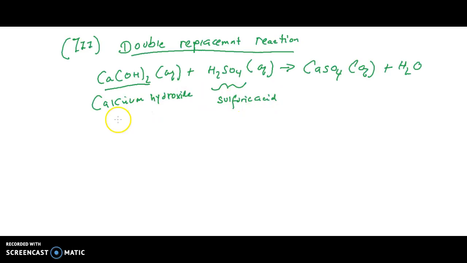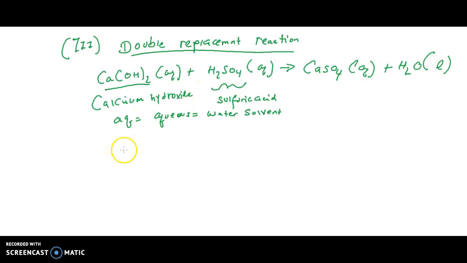If you noticed, I use the abbreviation AQ. AQ means aqueous, which means water diluted, or a water solvent, in other words. And you have calcium sulfate aqueous. If it is just pure water, we just say liquid here.